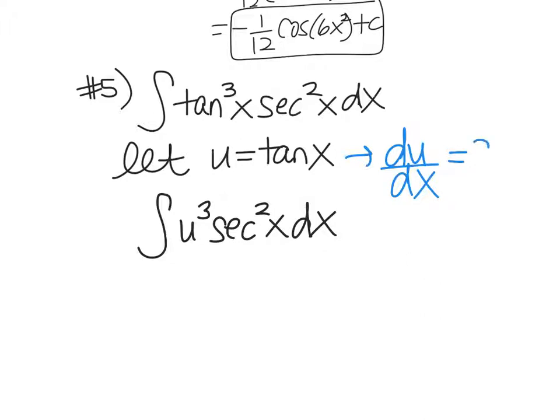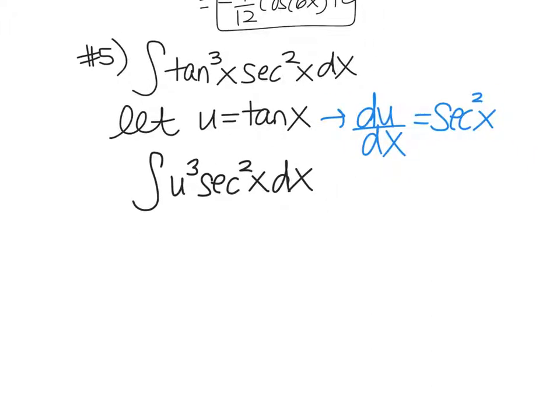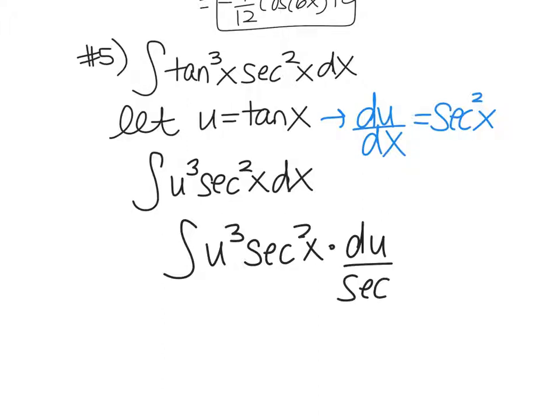Secant squared x. Do you remember that one? Sort of. And then you can just flip-flop those. So then we get the integral of u cubed secant squared x times du over secant squared x.